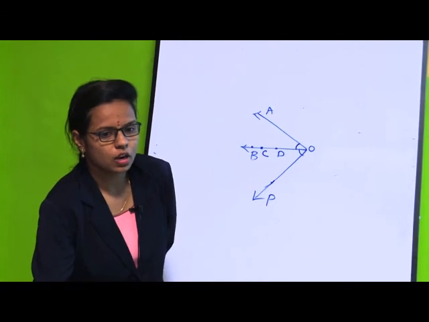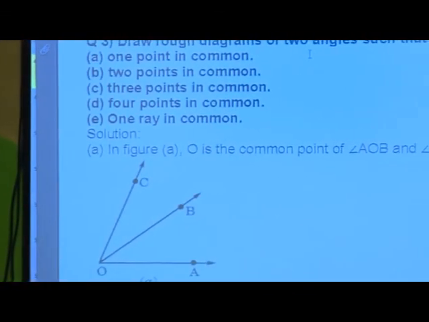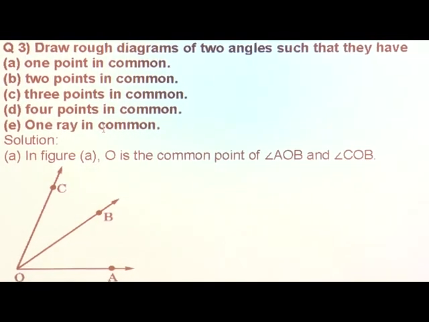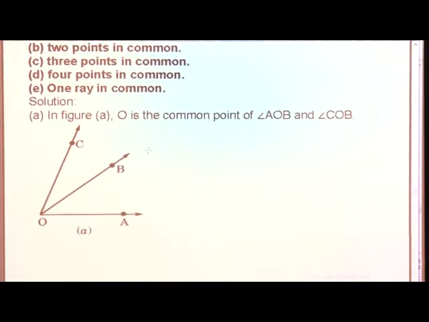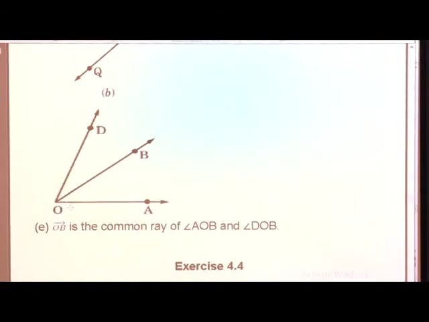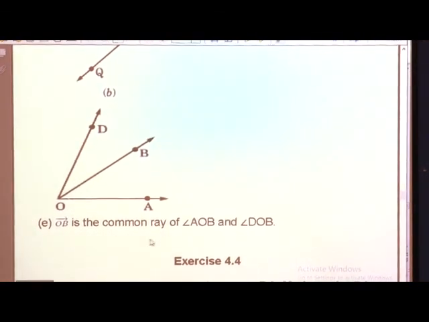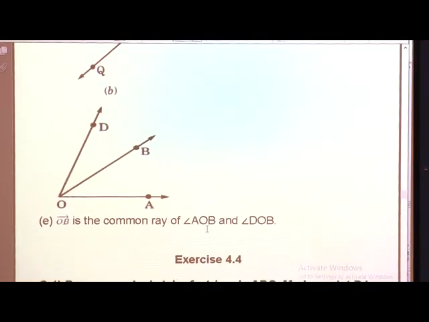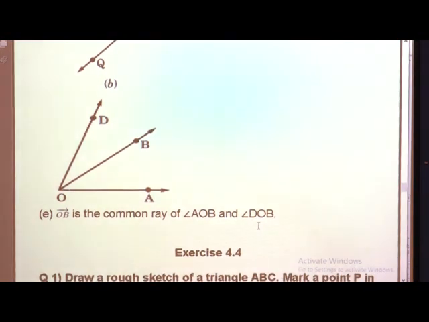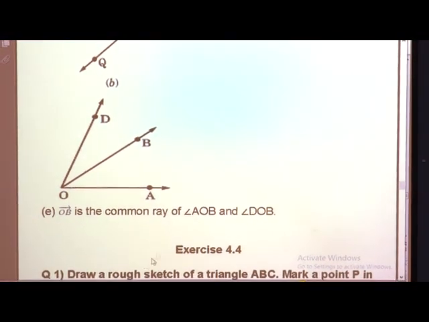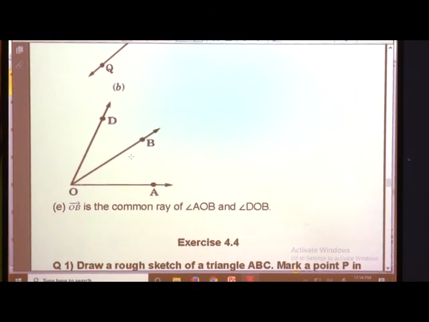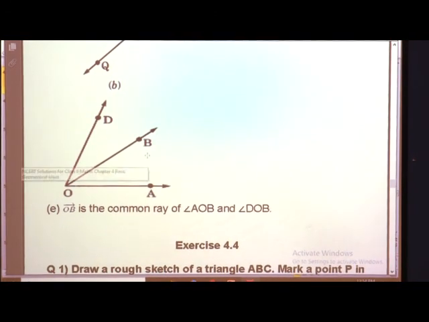Draw a rough figure of two angles such that they have one ray in common. Now here we have to find one ray in common. Now see here, OB is the common ray of angle AOB and DOB. There are two angles formed here, angle AOB and angle DOB.